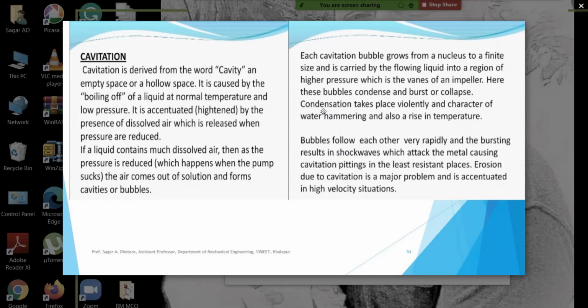If the liquid contains much dissolved air, then as the pressure is reduced, the air comes out of solution and forms a cavity or a bubble. Each cavitation bubble grows from a nucleus to a finite size and is carried by the flowing liquid into the region of high pressure, which is the vanes of the impeller.